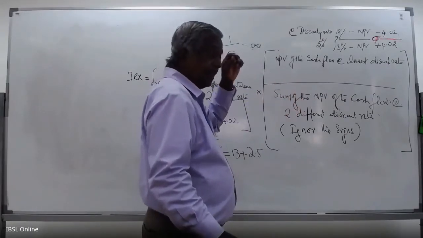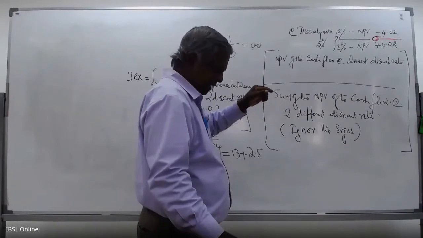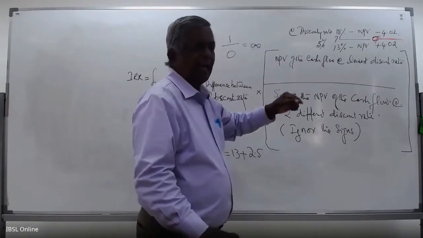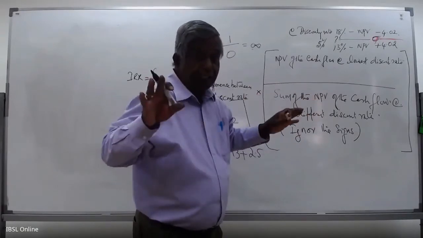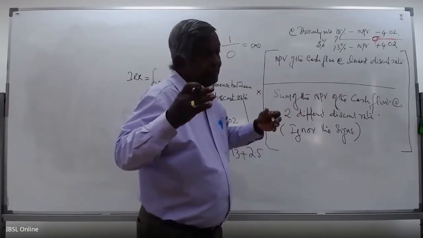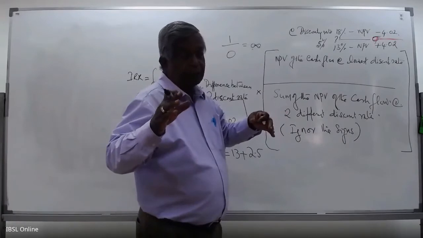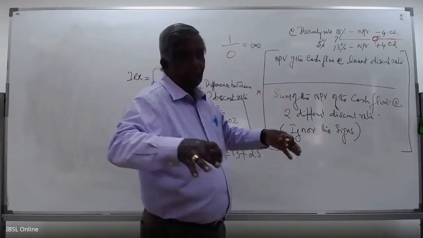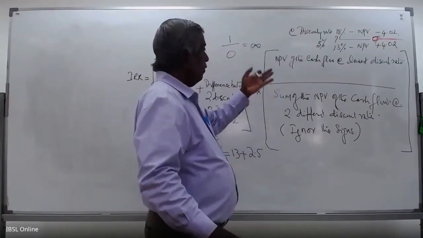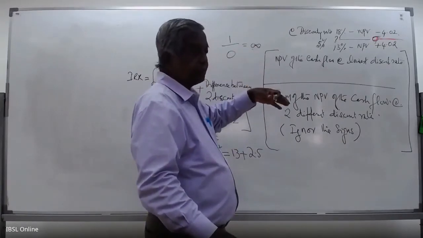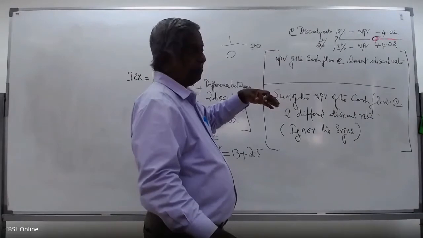At 18%, what is the NPV? At 13%, what is the NPV? Sum of them, ignore the sign. If you don't ignore the sign, it's a problem. So ignore the sign and take the total sum: 4.02 plus 4.02, that is 8.04.